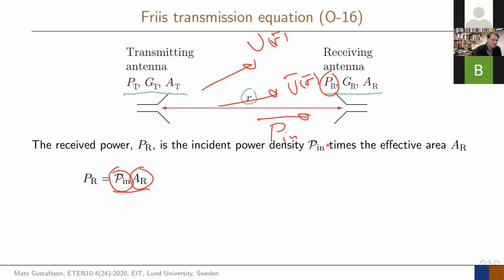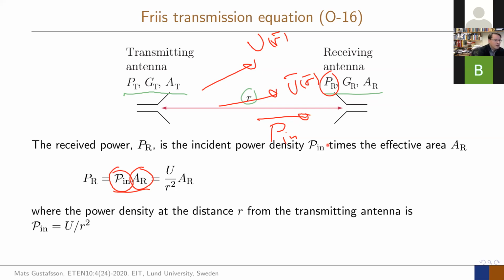So P_in is the incident power density, in watts per square meter. And that is the radiation intensity divided by the distance squared. And it decays as distance squared because the power is divided over this spherical area, and the area increases as R squared. So I can rewrite P_in as U over R squared.